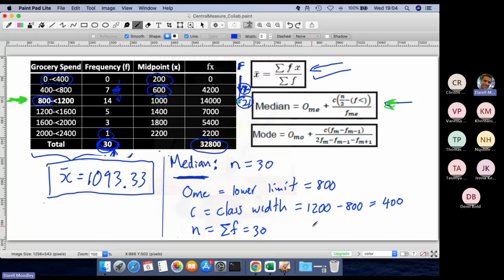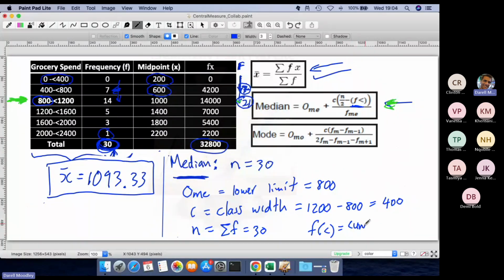The next symbol is the symbol here. It's F, bracket, less than, close bracket. This whole thing is one symbol, right? This here. All this is, it's the cumulative frequency of everything before that interval.